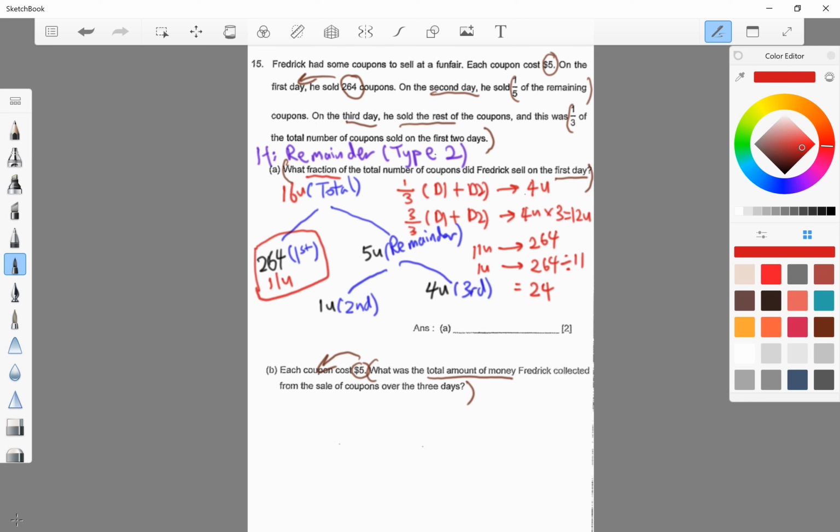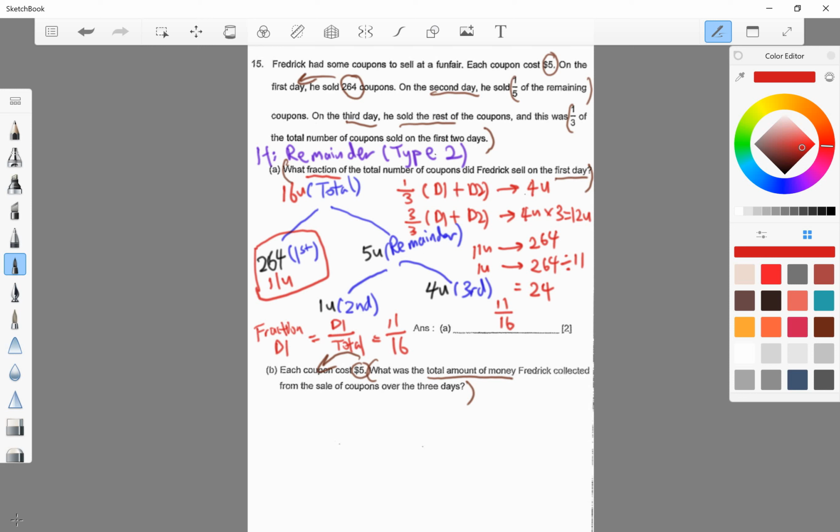But back to the question, they're asking us for the fraction for day 1. So fraction day 1, in this case, it has got to be day 1 out of the total. And from what we have worked out, it is none other than 11 out of 16. Okay, so part A is 11 out of 16.